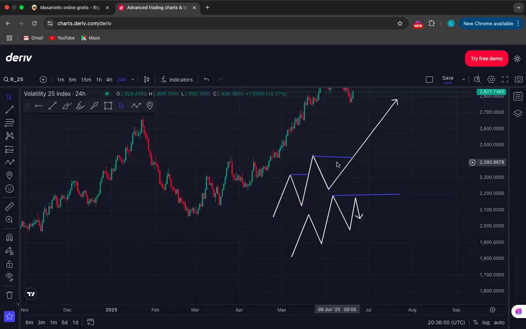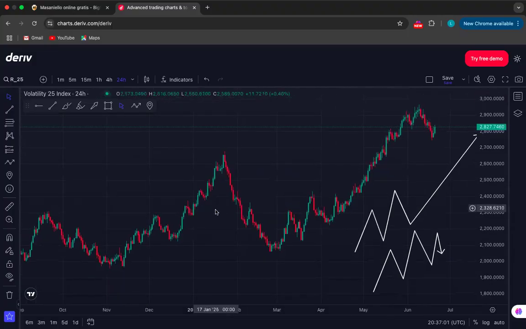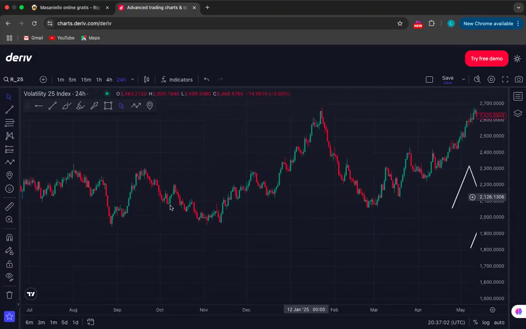Now, let's talk about a downtrend scenario. Here we have a downtrend. We have this lower low, lower high, and then we have this lower low.